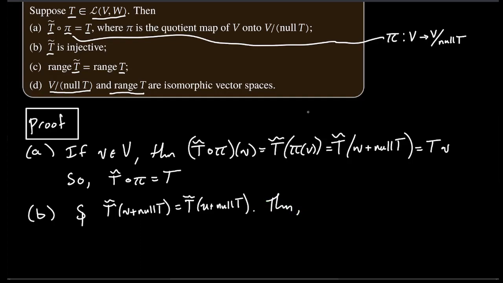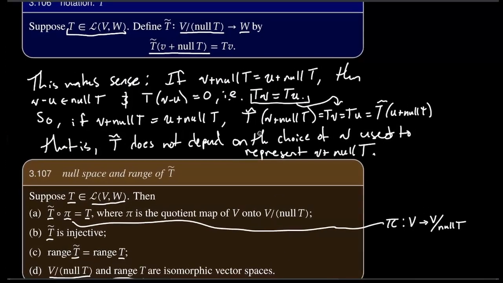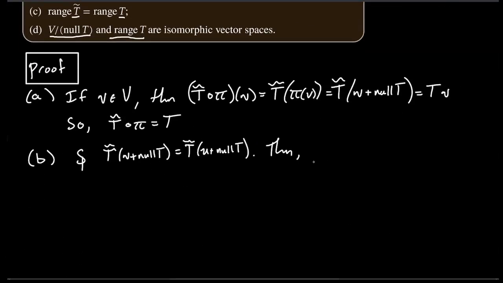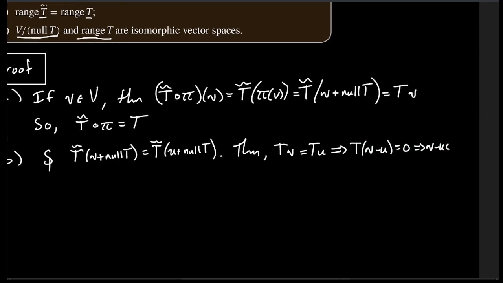Then, as we showed here, we'll get TV and TU are equal, so we'll just reverse the argument. TV equals TU, which implies that T of V minus U is equal to 0, which says that V minus U is in null T.